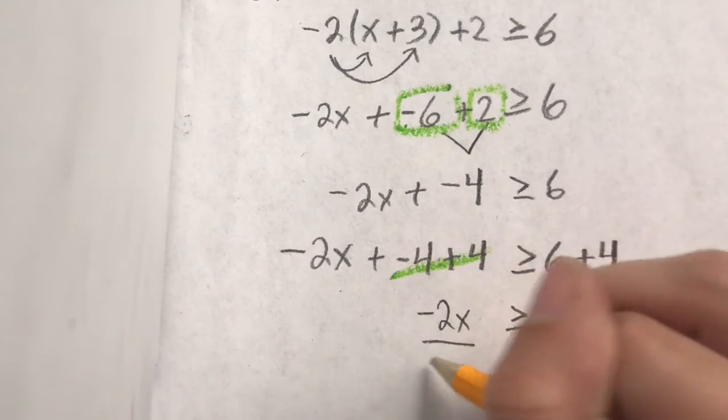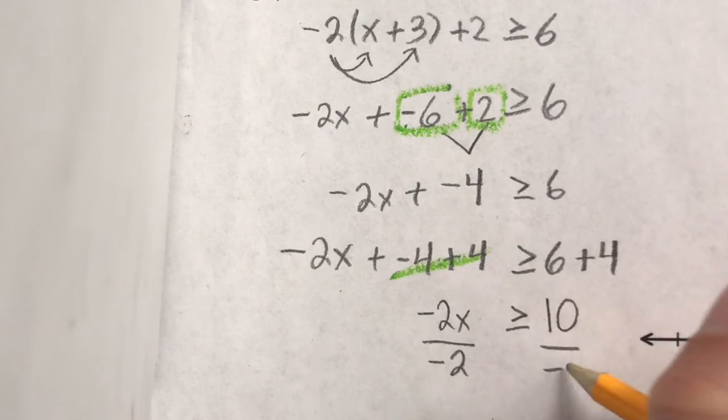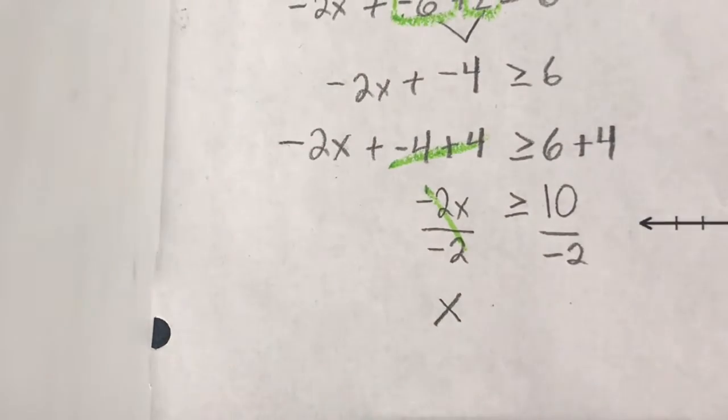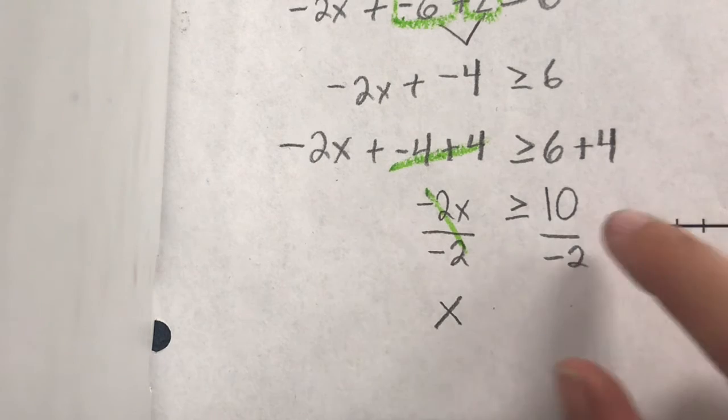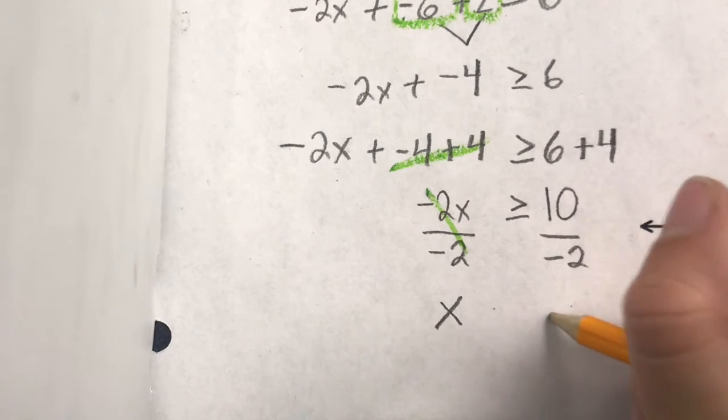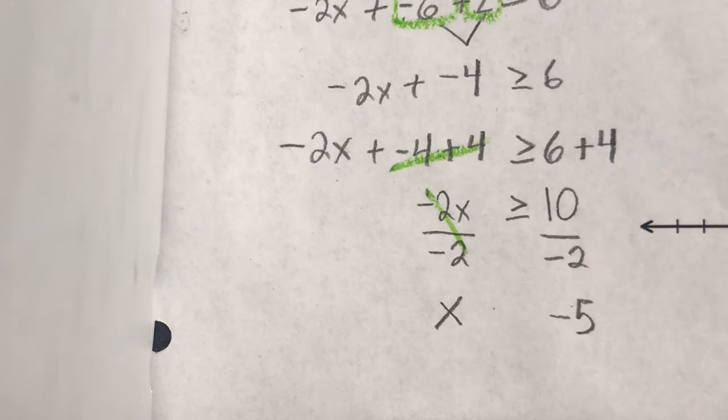So I'm going to divide this side by negative 2, divide this side by negative 2. Negative 2x divided by negative 2 is going to cancel away, because it's 1, so I just get x on this side. And then I have 10 divided by negative 2. When I have a positive divided by a negative, you get a negative, so I have negative 5 here.